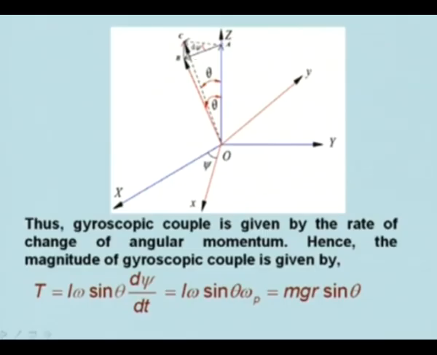Here the I omega sin theta component is the one that is changing, while the vertical component along the z direction is not changing. So one component is along this, another component is along this.